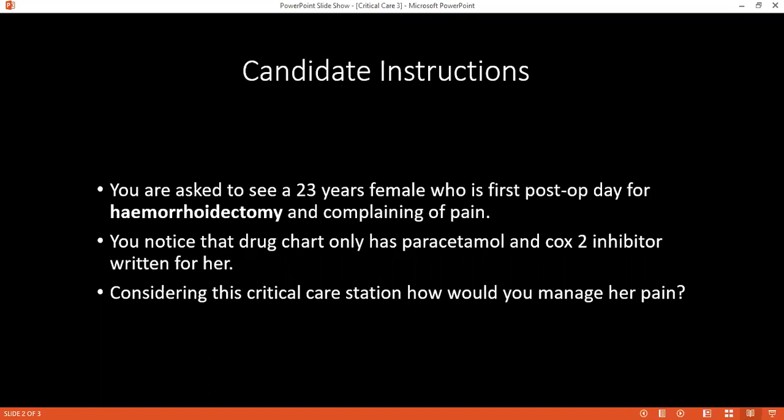All right. Can you explain the pain pathway to me, please? Yes, when there is tissue damage, the nociceptor signal travels into the dorsal horn of the spinal cord.